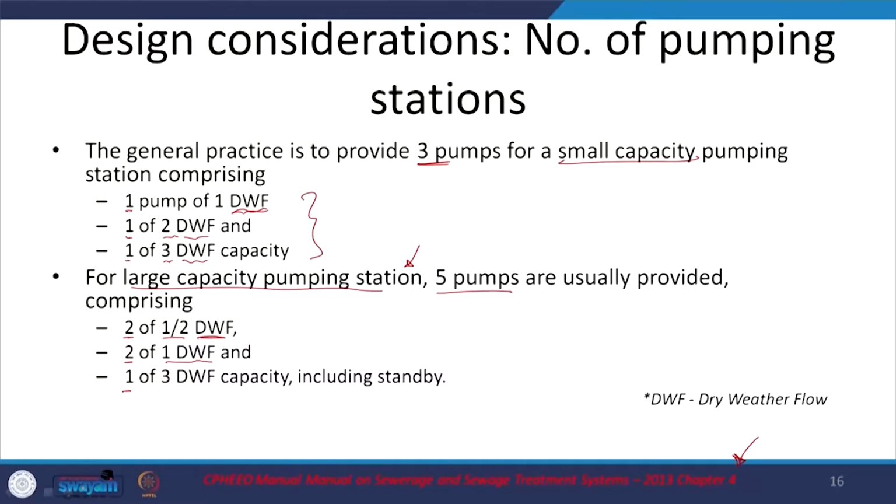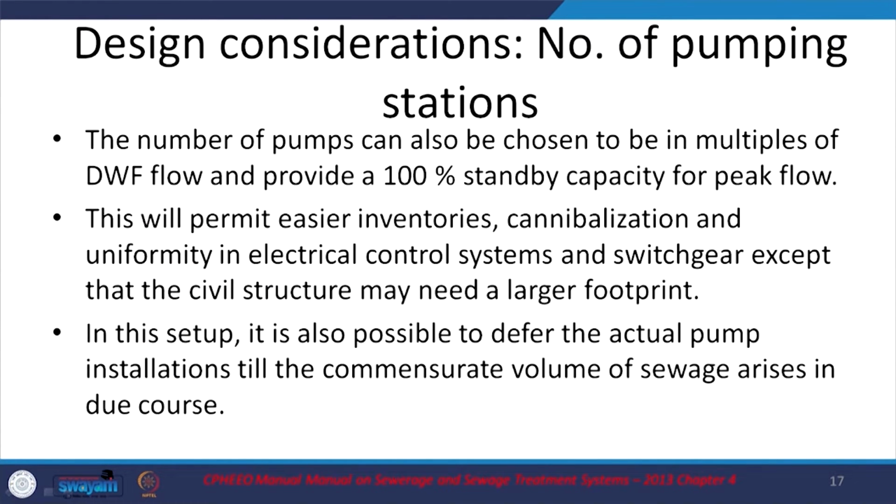And one will be of 3 times the dry weather flow capacity. So, here you see that we are choosing in terms of DW flow, or dry weather flow, and then we provide 100% standby for the peak flow, as I mentioned earlier, and then it is going to lead to easier inventories and such.